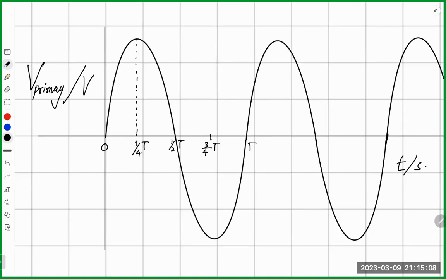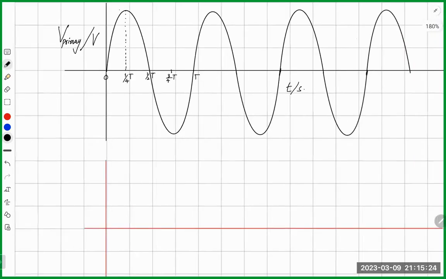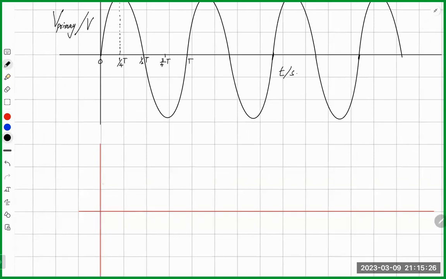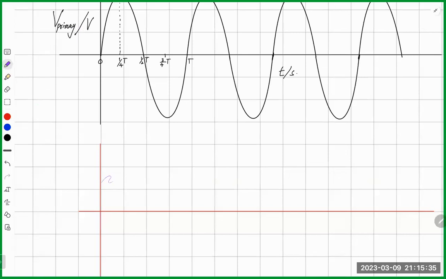If you draw a gradient at the beginning, you will get maximum gradient. But if you draw a gradient at the top, the gradient will be zero. It means the rate of change is decreasing. So in this portion, you should be getting a change which is something like this. Then there will be this.